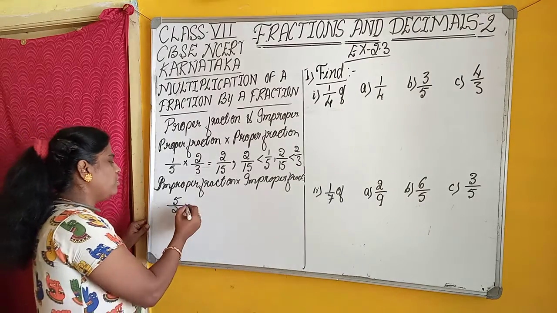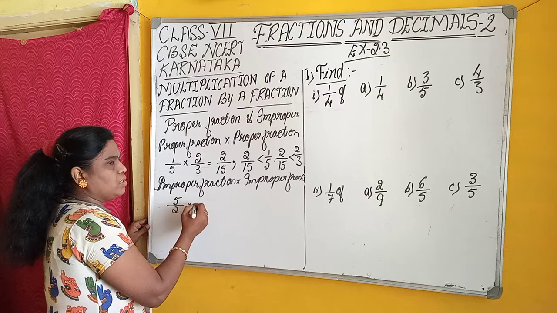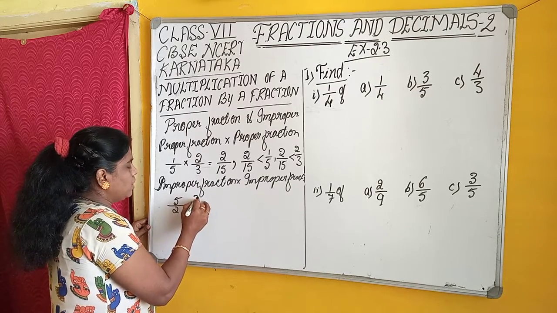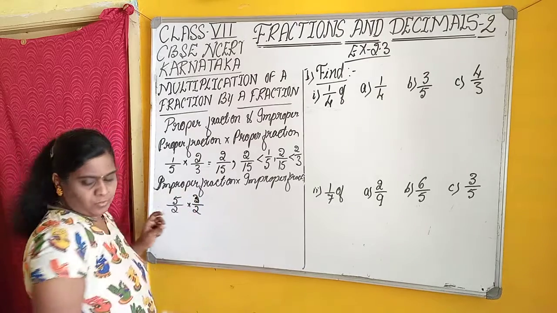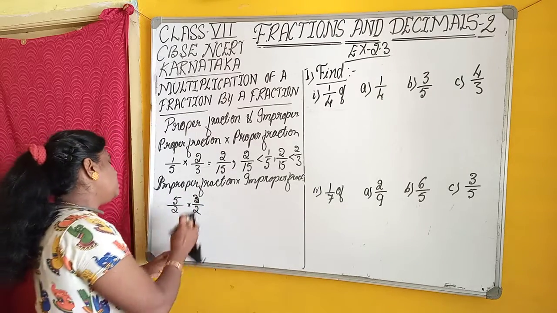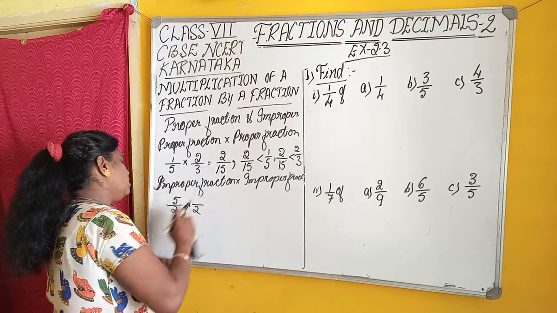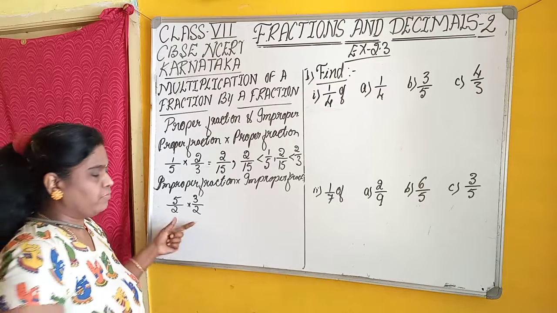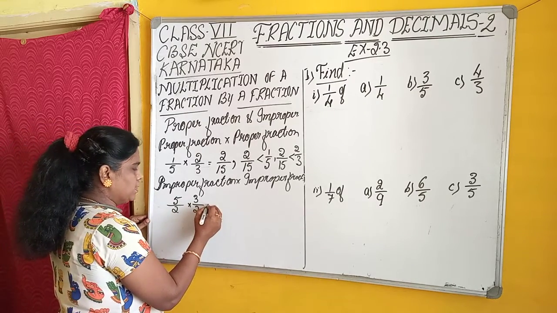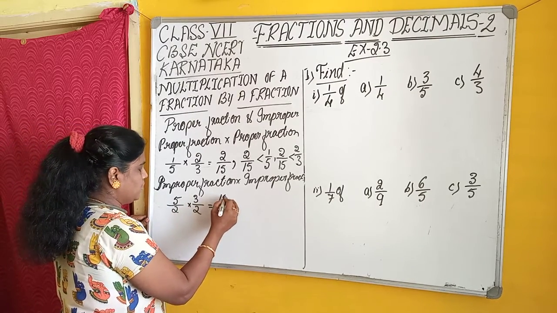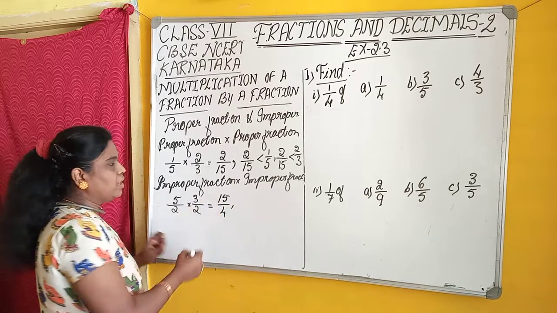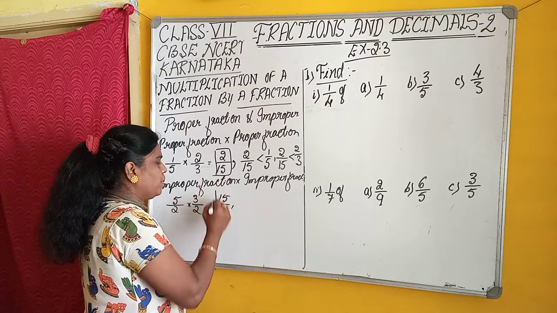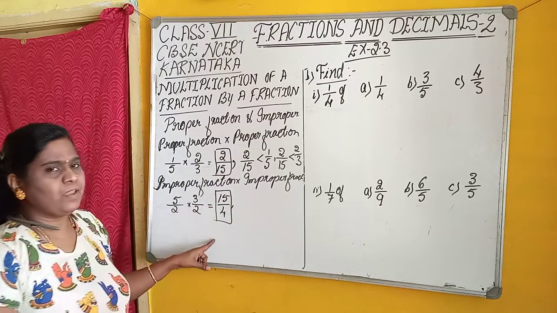One more example is 3 by 2. The numerator should always be greater, isn't it? Both are improper fractions. When these two are multiplied, 5 3s are 15 by 4. The product obtained here is 15 by 4.